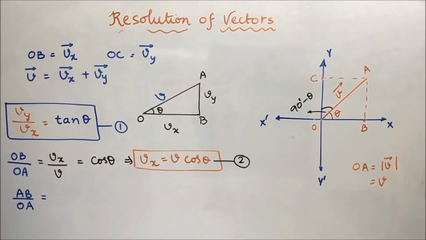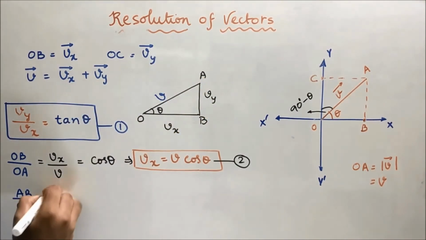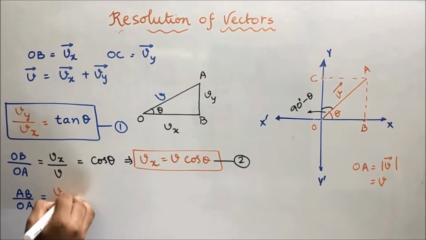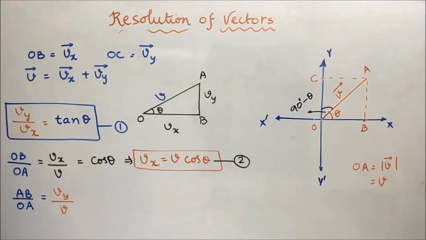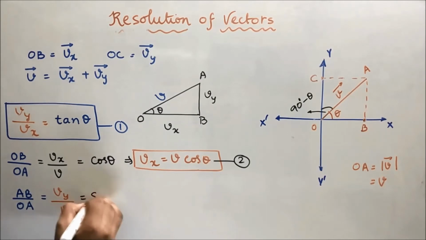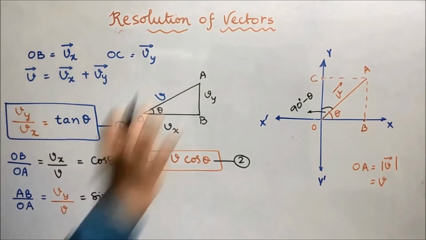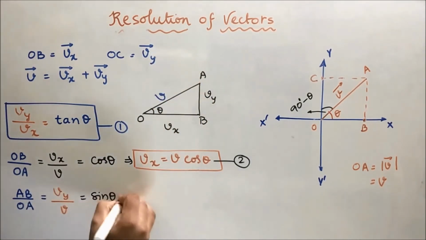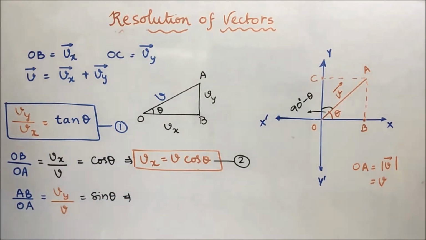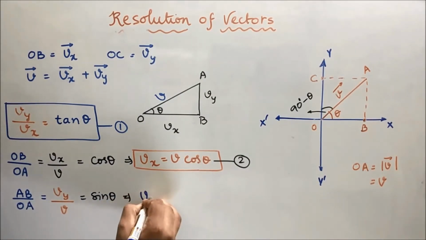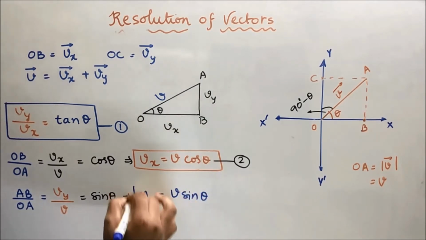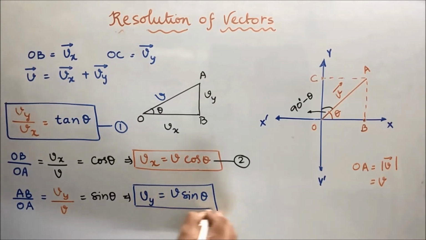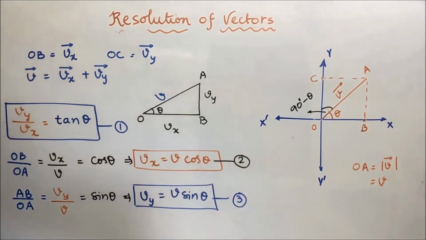AB is equal to Vy, OA is equal to V. So opposite side by hypotenuse is going to give me sin theta. So I can write Vy is equal to V sin theta. This is our equation number 3.